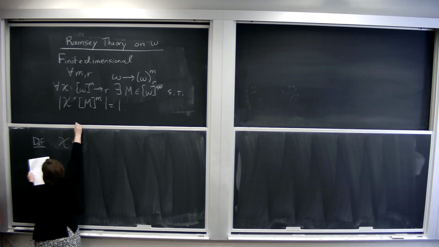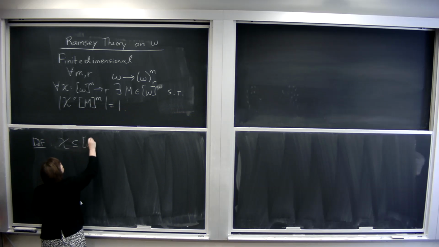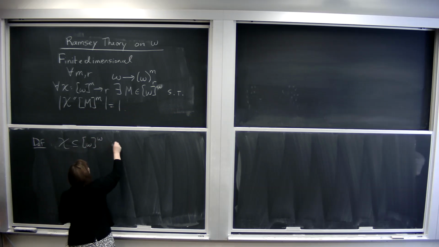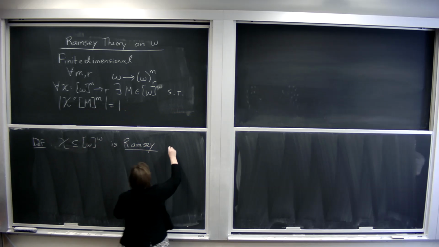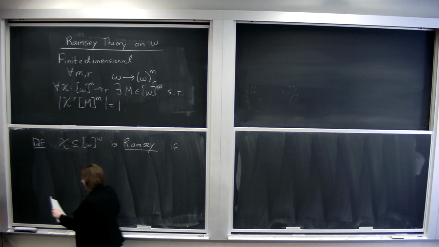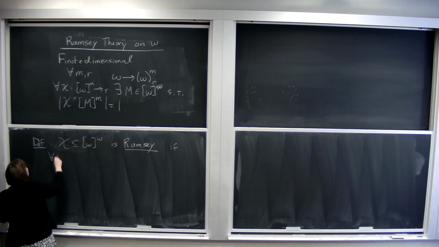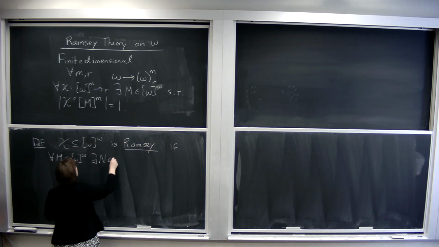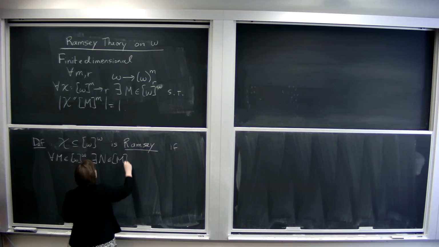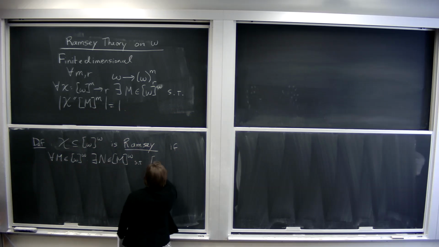And so X, a subset of infinite subsets of omega, is going to be called Ramsey if it behaves like a nice partition. So if whenever you have an M that is infinite, you can cut down to a smaller infinite subset such that below n, you're either in or out.